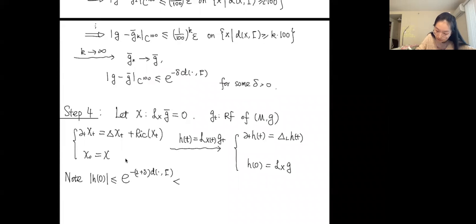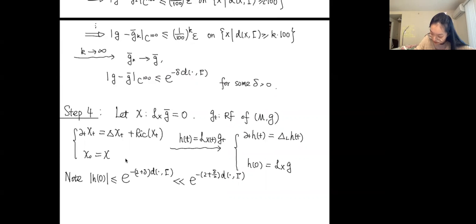And of course this is much less than, if we decrease this exponent to a smaller number, delta divided by 1/2, and this is the lower bound of scalar curvature. So this is a consequence of the lower bound of the scalar curvature. So we'll be able to take this delta really small.